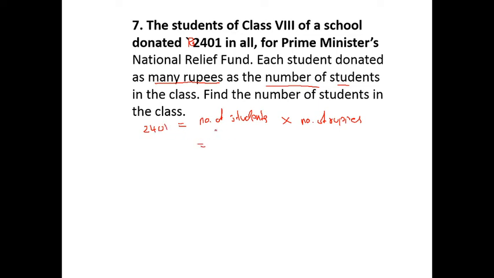If we take the number of students as a, then the rupees is also a. So we write a square is equal to 2401. Therefore a is equal to under root 2401.